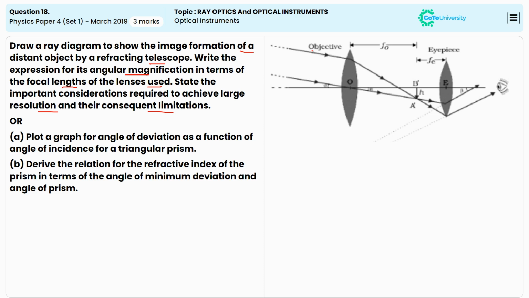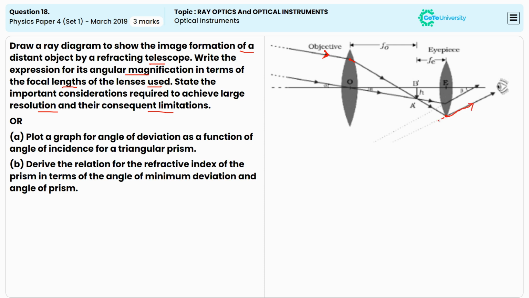When the light beam is passed in this direction over the objective lens, it is refracted in this direction to this point, and again it is refracted like this.